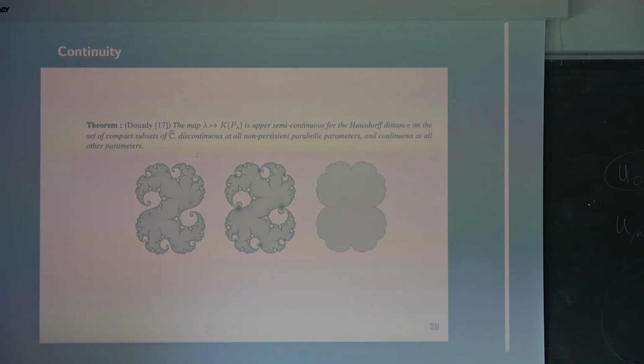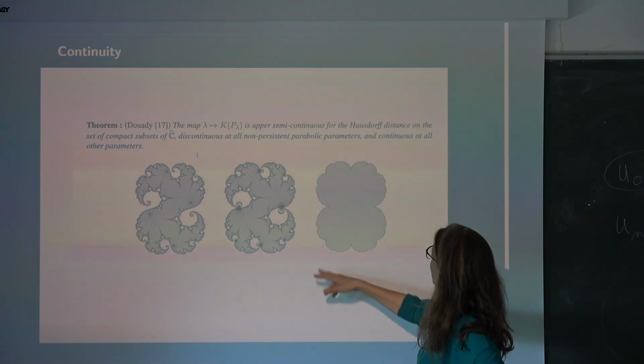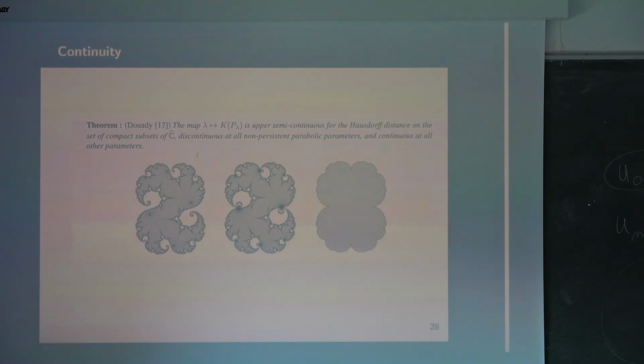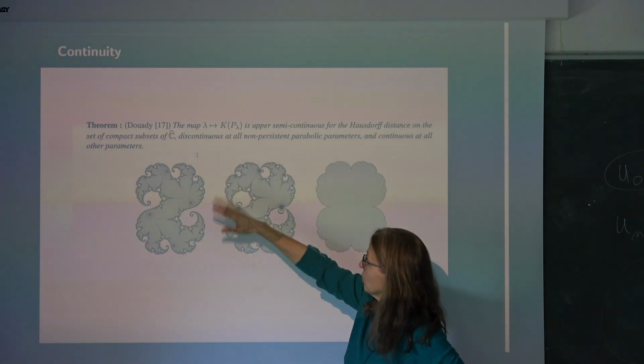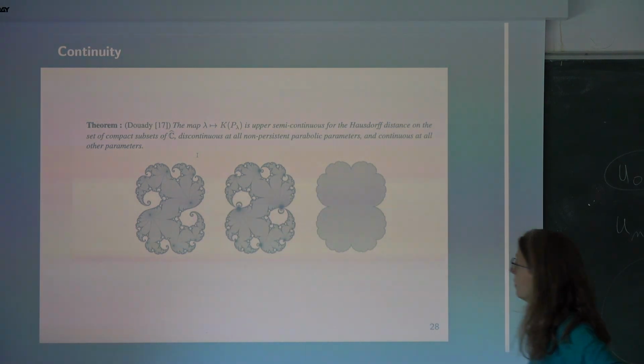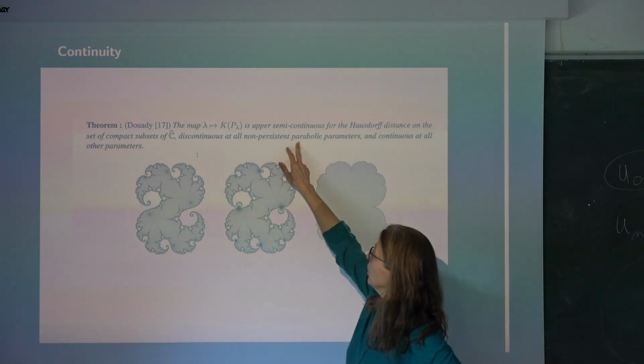So about the continuity, there is this theorem of Douady. He proves that if you look at the Hausdorff distance, I will explain what it is later, on compact sets of the Riemann sphere, but you can look at it in C, it's discontinuous when you have a parabolic point.